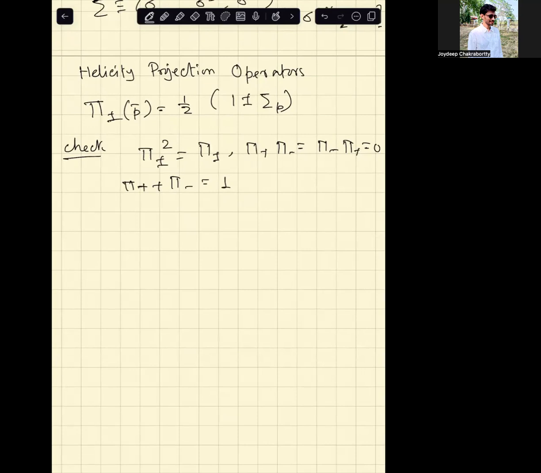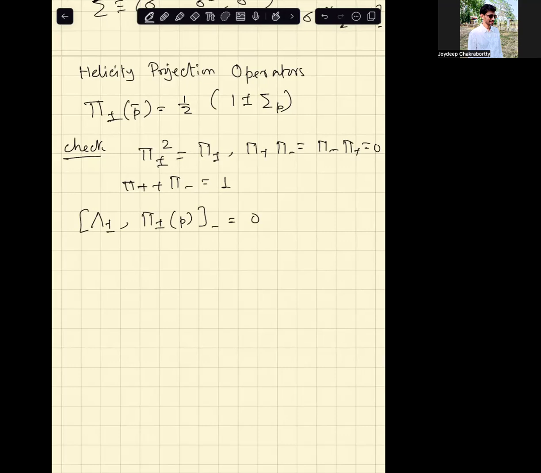Another important criterion is that lambda plus minus and pi plus minus, this commutator is 0, and also the negative one. That means once you project out the positive and negative energy in this thing, then the action of the helicity operator will not affect that.